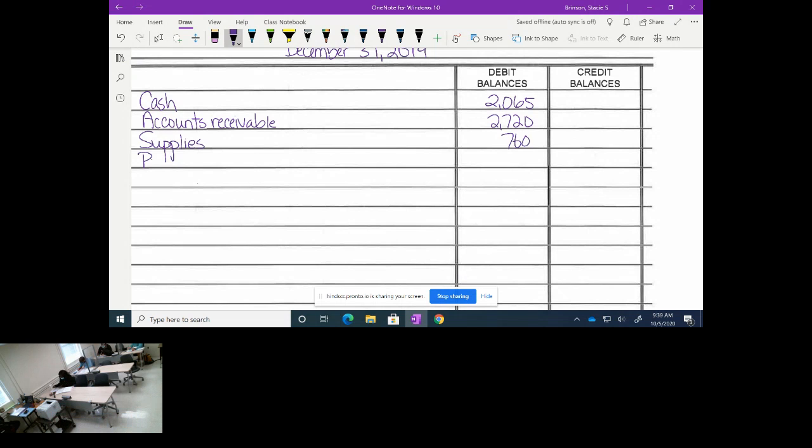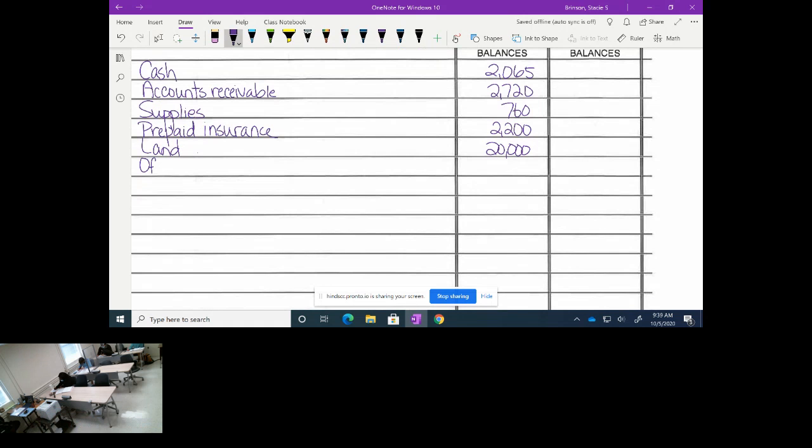Prepaid insurance, $2,200. Office, nope, sorry, skip one. Land, 20,000. Office equipment, $1,800.